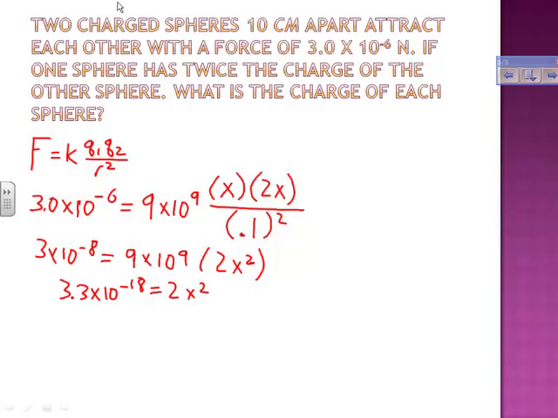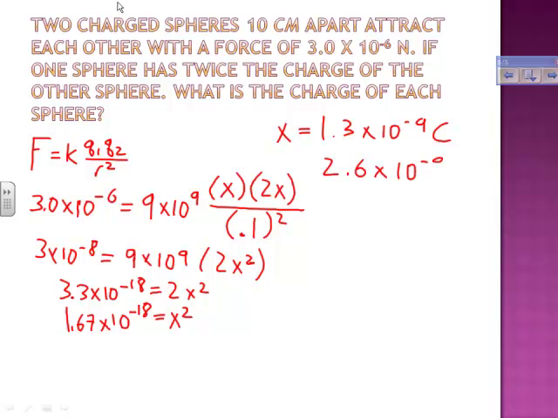Divide both sides by 2. 1.67 times 10 to the negative 18th equals x squared. Take the square root. I get x is equal to 1.3 times 10 to the negative 9 coulombs. Therefore, the other charge must be 2x. So 2 times this, 2.6 times 10 to the negative 9th would be the other charge.